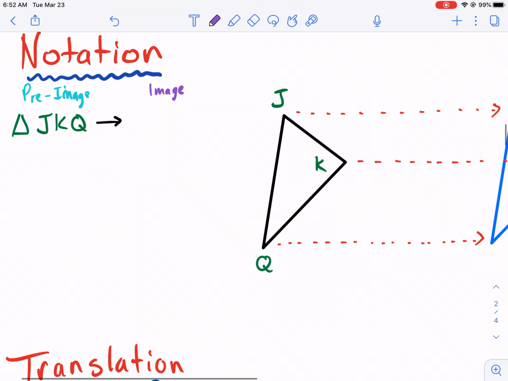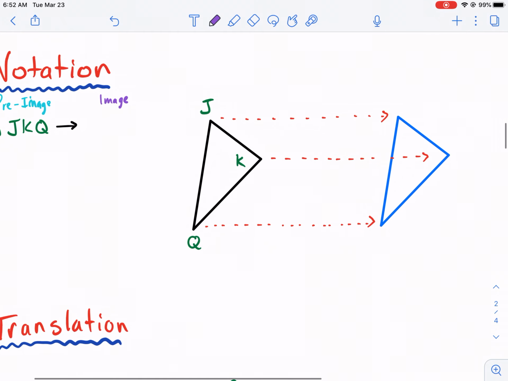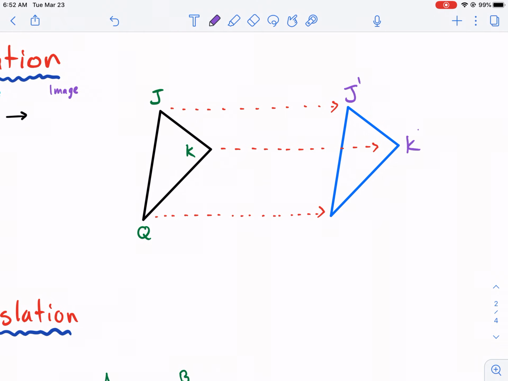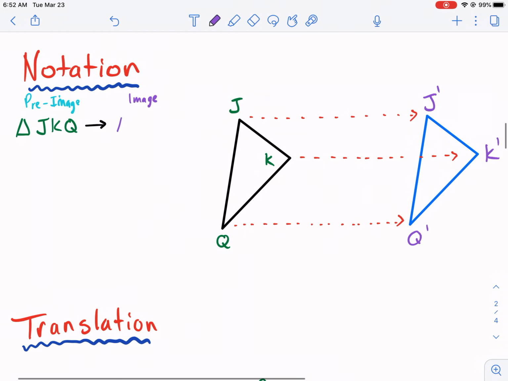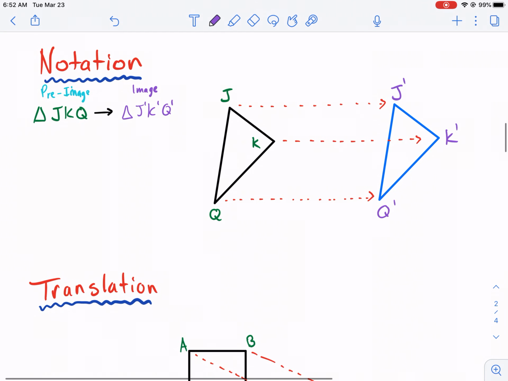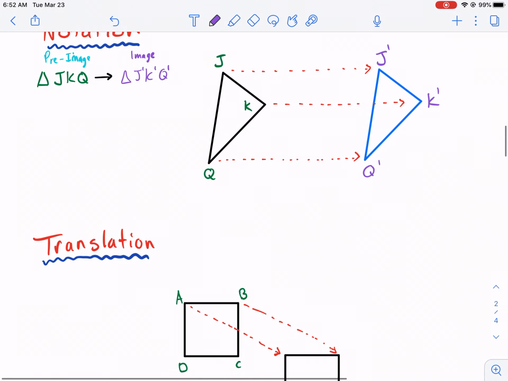So there's our pre-image, there's our image. In this case, this J becomes J prime, as we talked about. This K becomes K prime, and this Q becomes Q prime. So our new shape would be triangle J prime, K prime, Q prime. That would be our new shape. And this looks like an example of rigid motion. Notice how all the dimensions look the same. It just has moved from one place to another.